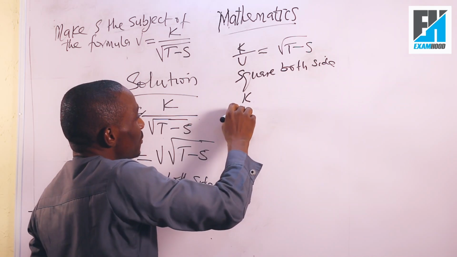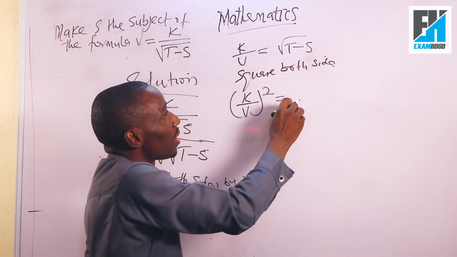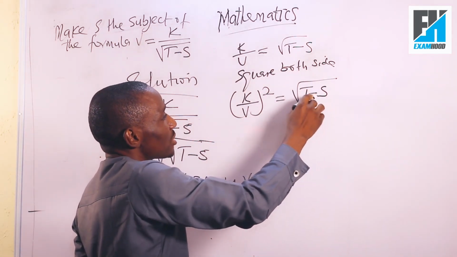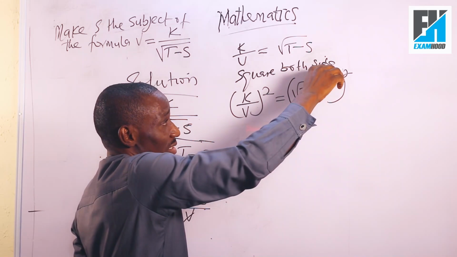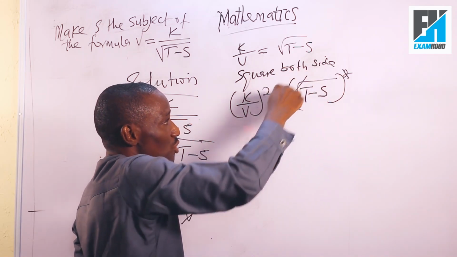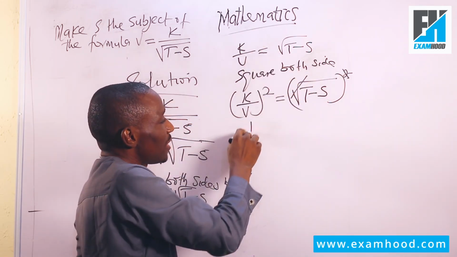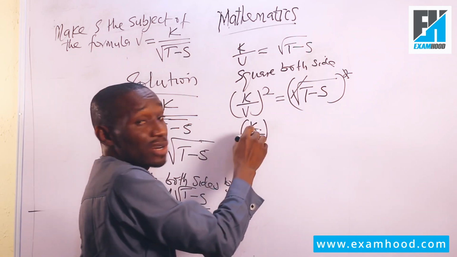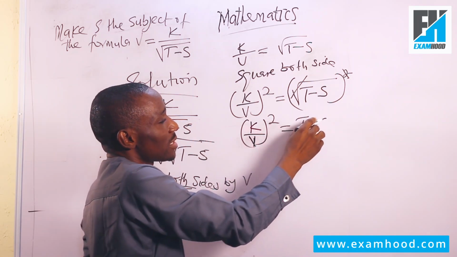So that means K over V all squared is equal to the square of root T minus S. Now this 2 will cancel the square root sign. Once they are cancelled, it is gone. So you are left with K over V all raised to power 2 is equal to T minus S.